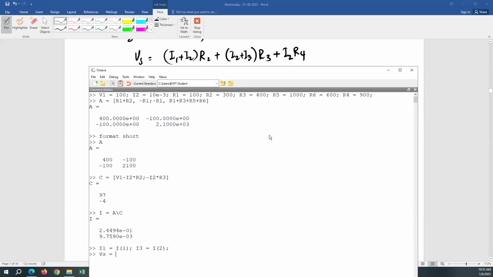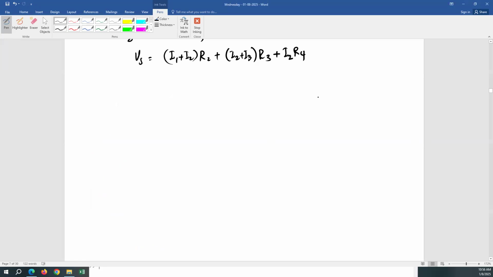And my Vs is equal to I1 plus I2 times R2, plus I2 plus I3 times R3, plus I2 times R4. 93.386.